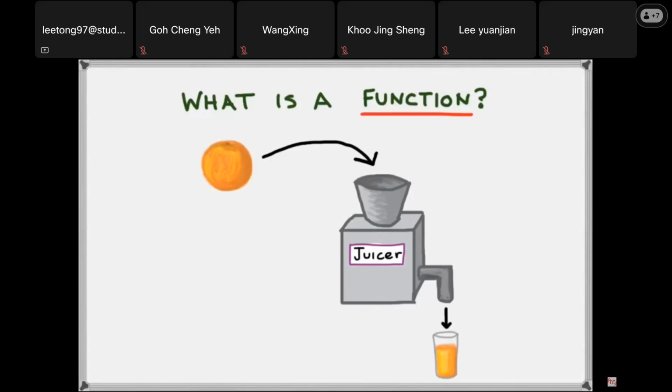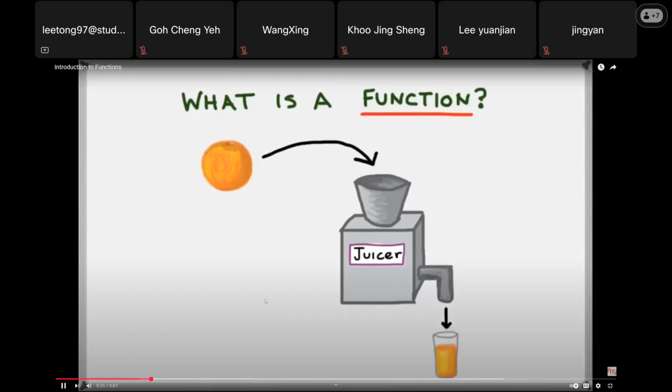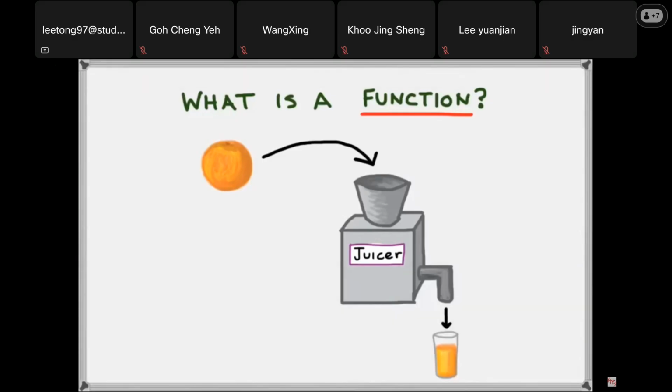My input would be that orange into the juicer, and my output is the juice that comes out of the juicer. Notice that if I were to put grapes into the juicer, I couldn't expect to get orange juice out of the juicer. I'd get grape juice. And if I put an apple in the juicer, I'll get apple juice. So for each type of fruit I put in the juicer, I'll get that same type of juice out.